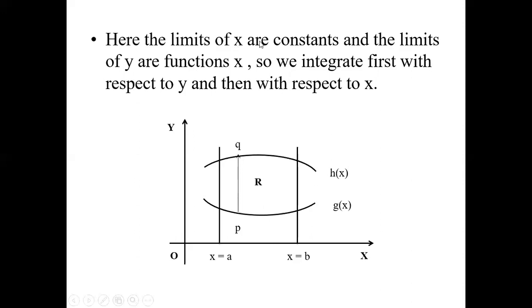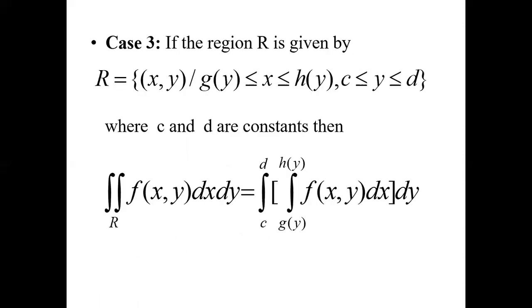Here the limits of x are constants and the limits of y are functions of x, so h of x and g of x are functions of x. So we integrate first with respect to y and then with respect to x. Here, the order of integration is first y, then x. Then in case number 3, the next case, what is that?